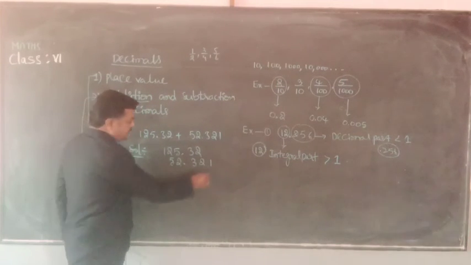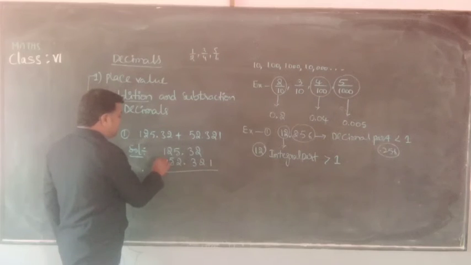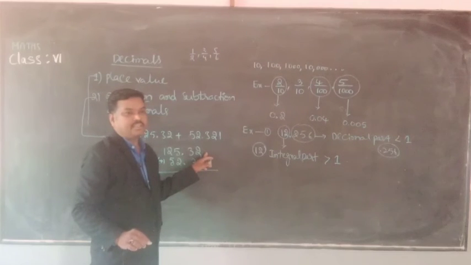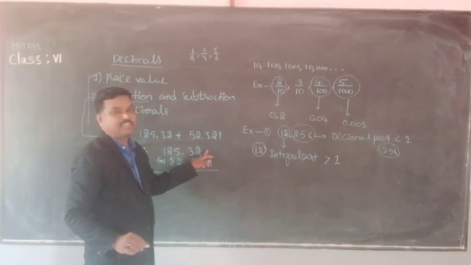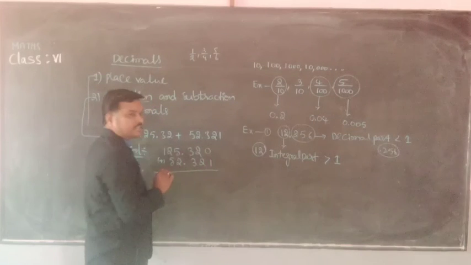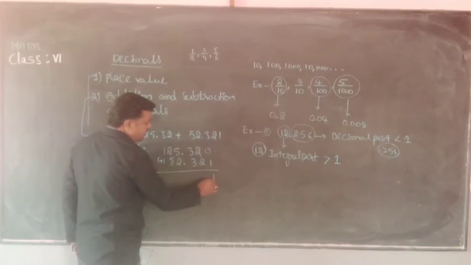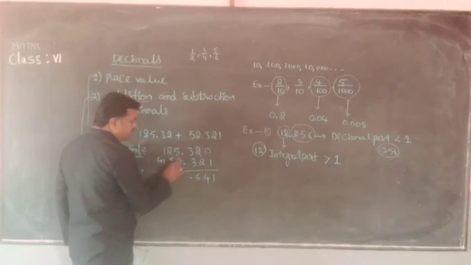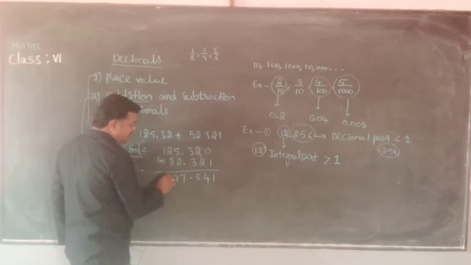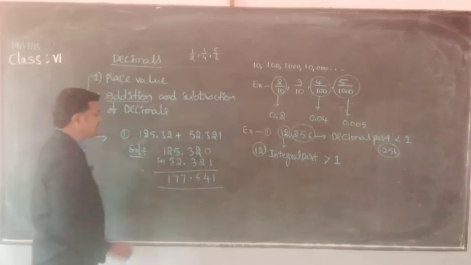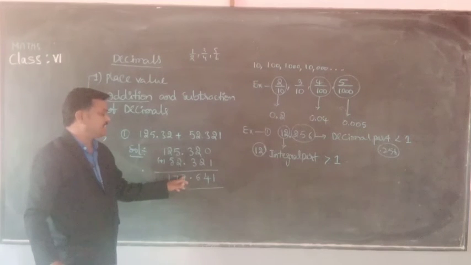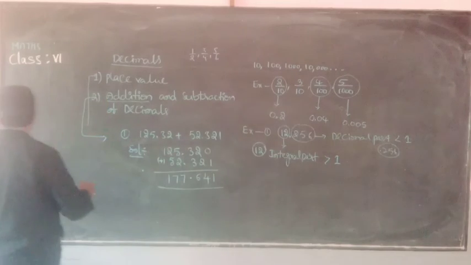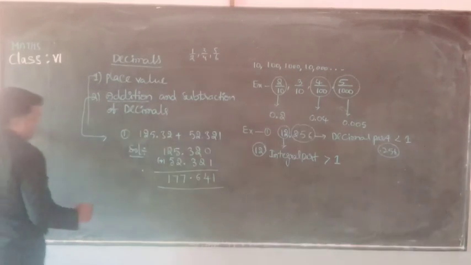For not getting confused, here 2 digits are there in the first number, we have to fill the remaining place with 0. Now 0 plus 1 is 1, 2 plus 2 is 4, 3 plus 3 is 6. So the answer is 177.641.